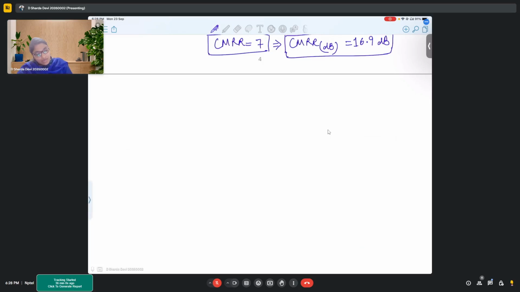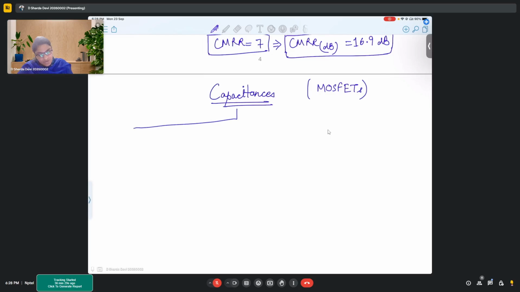Okay, so when we talk about capacitances, especially in MOSFETs, since we are dealing with MOSFETs, we categorize them into separate parts.